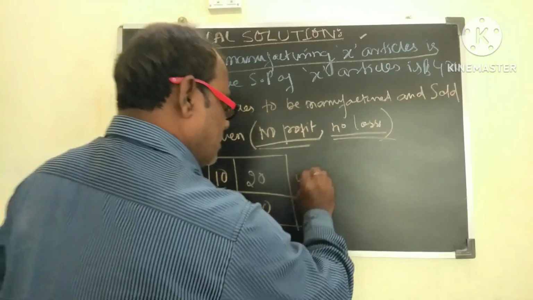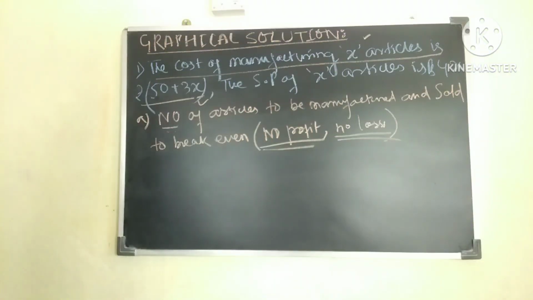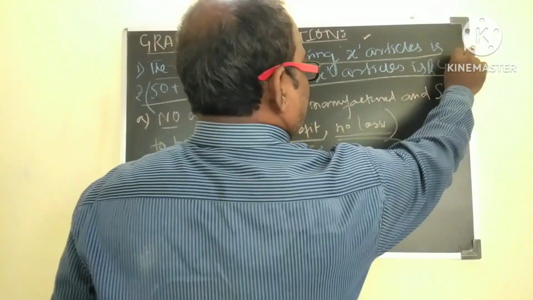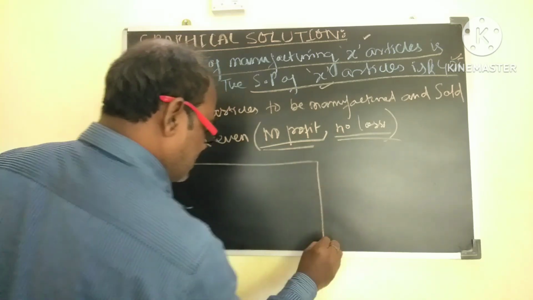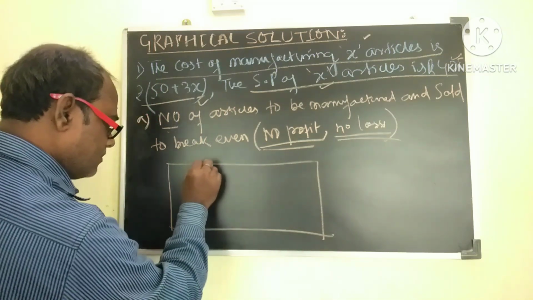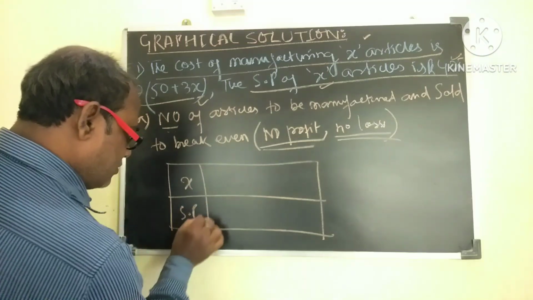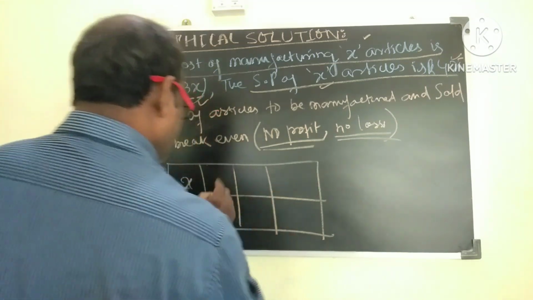So with this we have to make a graph first. One more table we have to make, for the selling price. This is the selling price of X articles. So let us make a column in this way. This is X, and this is the selling price, which should be taken on the Y axis. Here it is 0.